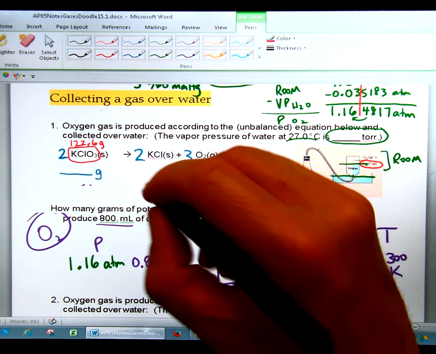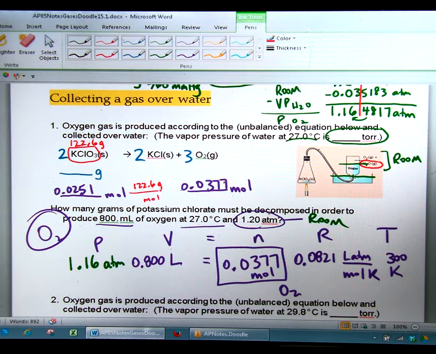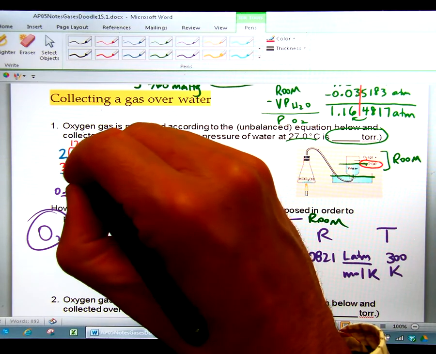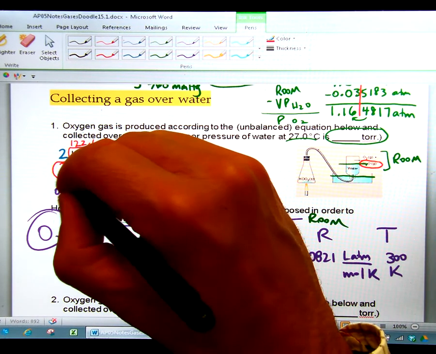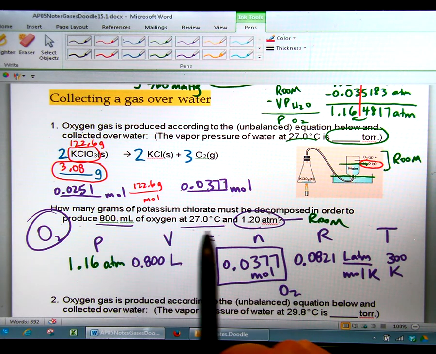Every mole is 122.6 grams. So we multiply that by 0.0251, and we get 3.08. So the answer is 3.08 grams of KClO3 that was necessary to produce this condition of oxygen right here.